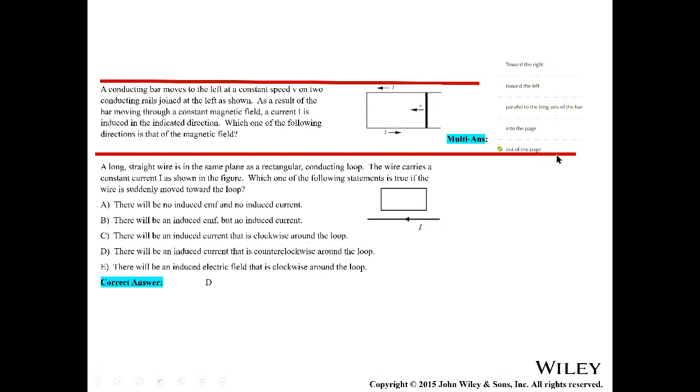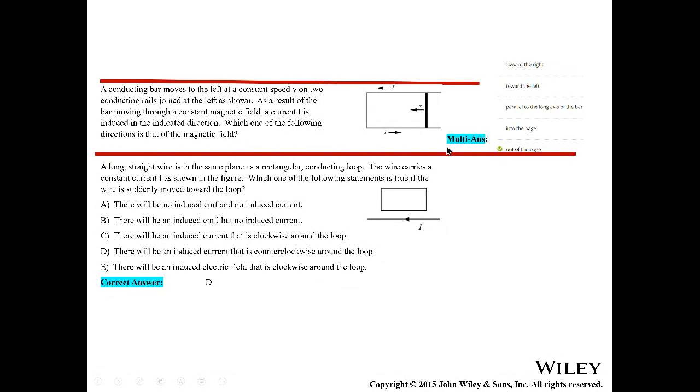Well, then you have to remember Lenz's law. You remember Lenz's law? Lenz's law says the induced effect will oppose any change in the flux, with Faraday's law. Now you have to use your right-hand rule for this current.